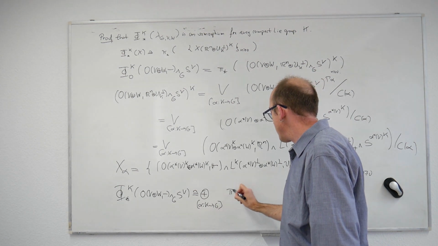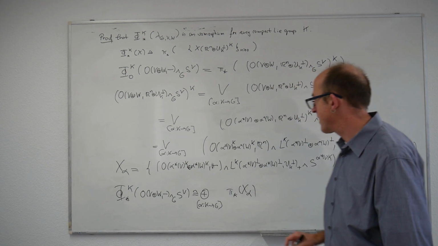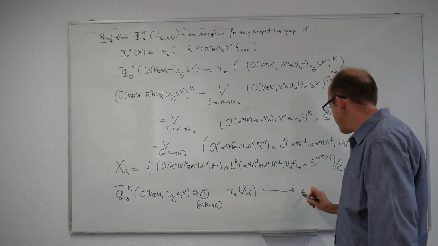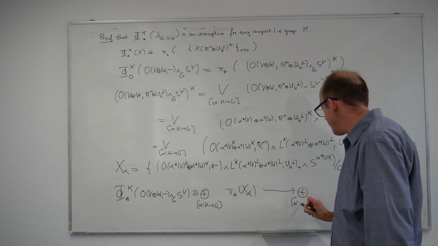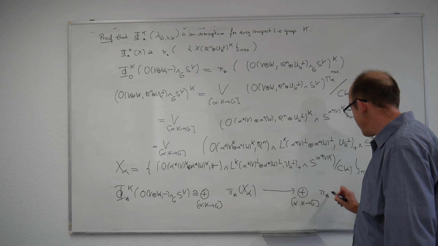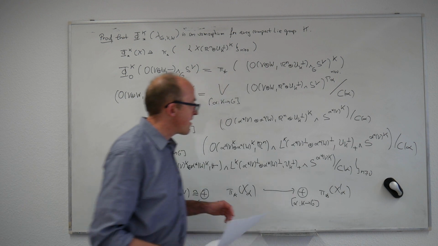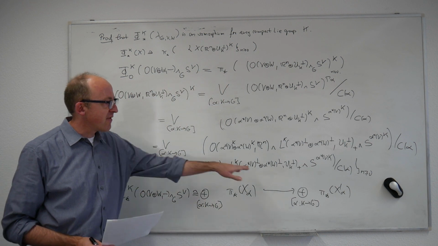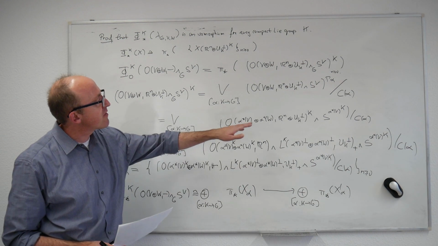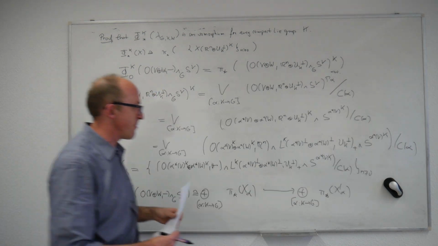And then it's the non-equivariant homotopy groups of X alpha, where X alpha was this non-equivariant spectrum. And this maps to the direct sum indexed by the same conjugacy classes of continuous homomorphisms, pi star of X prime alpha, where the X prime alphas are exactly the same construction, but with the representation V being the trivial representation. Because when V is the trivial representation, this goes away and this becomes the target of the lambda map.